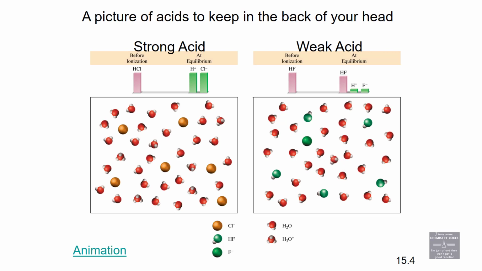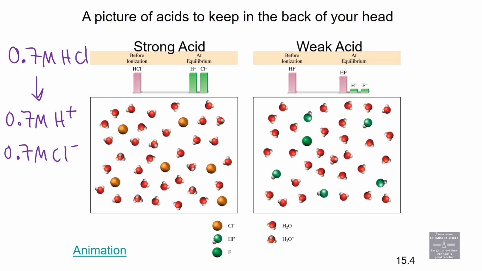Weak. So if I had something like 0.7 molar HCl, that goes into solution to give me 0.7 molar H plus and 0.7 molar chloride in solution. It dissociates completely. It's a limiting reactant kind of thing. Every one of these that goes in solution creates one of those.